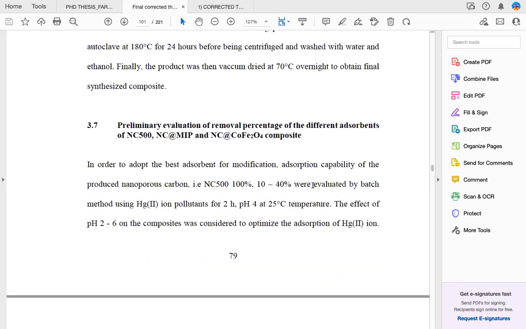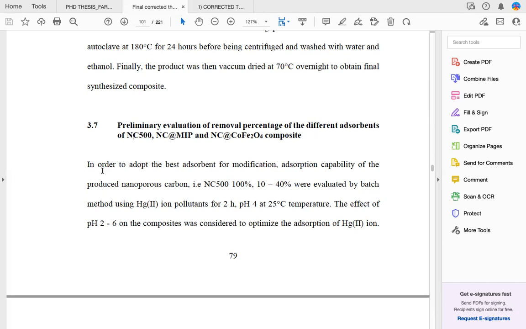Okay, just look at this example. If you look at the words here, NC 500, NC MIP, NC cobalt ferrum oxide. This is not standard, meaning it is not the name of the chemicals or whatsoever, but it's for you to name it yourself. NC stands for nanocellulose. Sorry, it's nanoporous carbon.